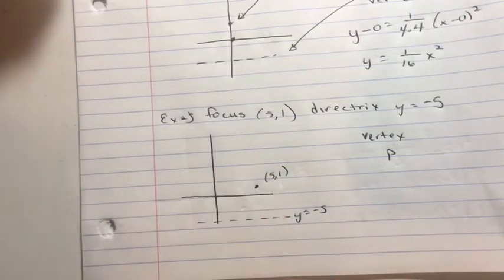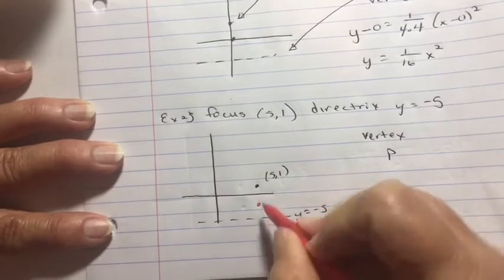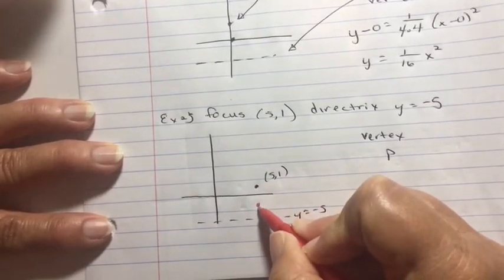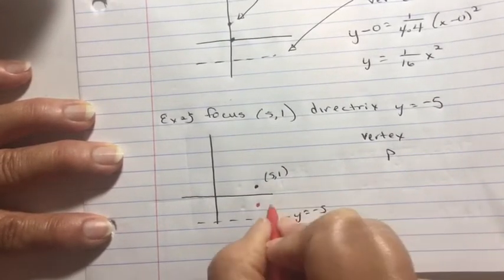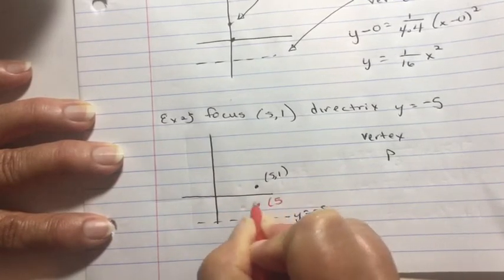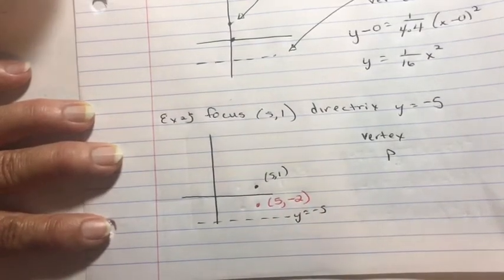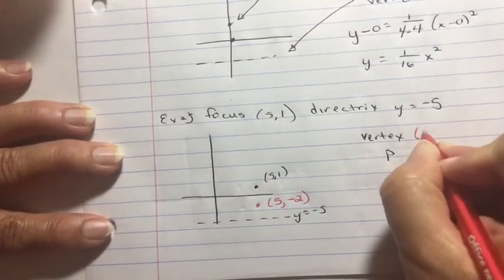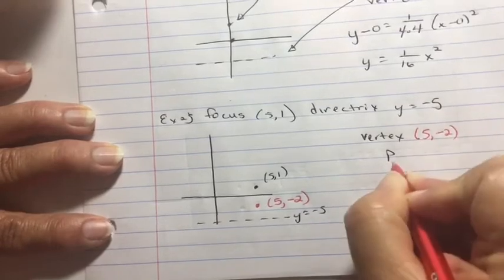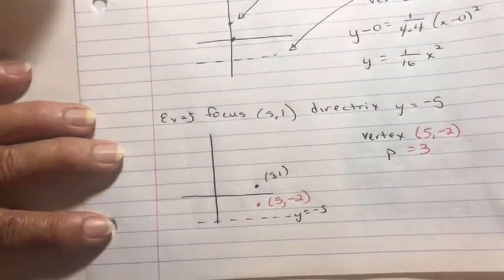So the vertex has to be exactly in the middle, 3 units here and 3 units here, making this still has the same x value of 5, but the y coordinate is negative 2. So now I have my vertex. We also just figured out the p, that's this distance, which is 3.